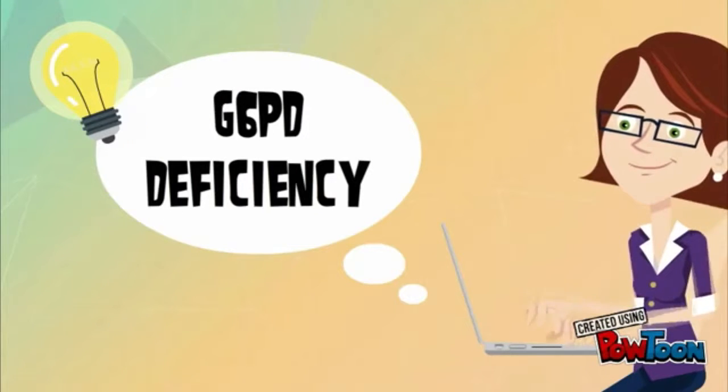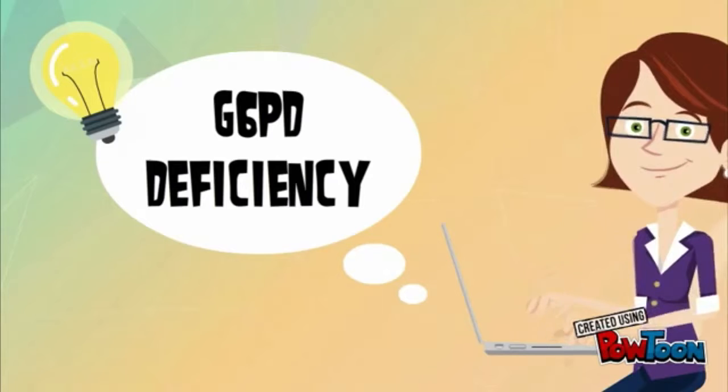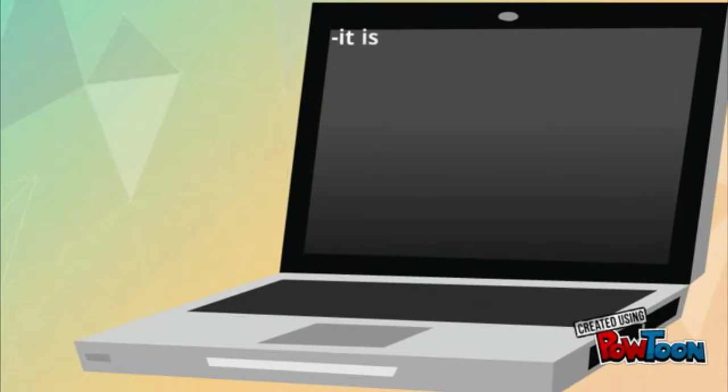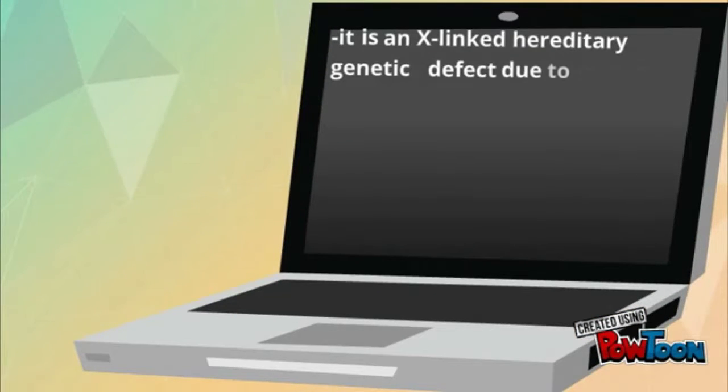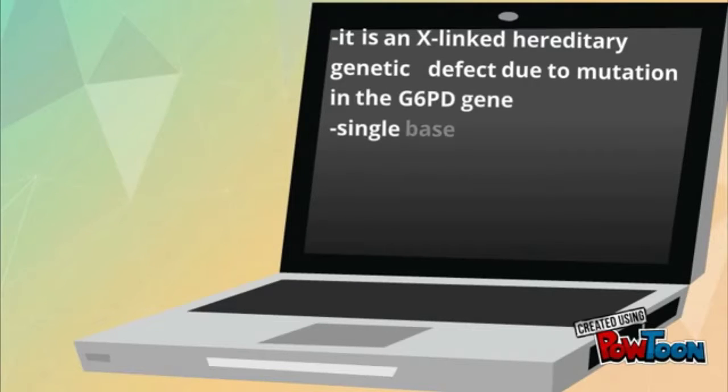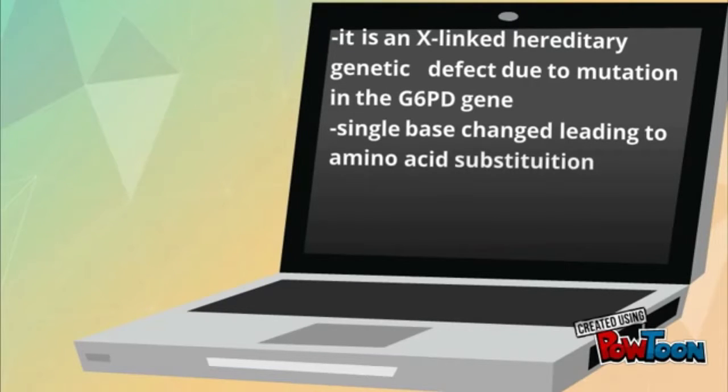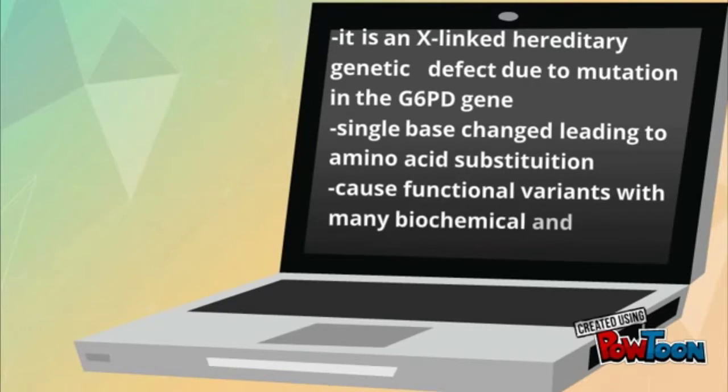G6PD deficiency is an X-linked hereditary genetic defect due to mutation in the G6PD gene. These may cause a single base change leading to amino acid substitution, which causes functional variants in many biological, biochemical, and clinical phenotypes.